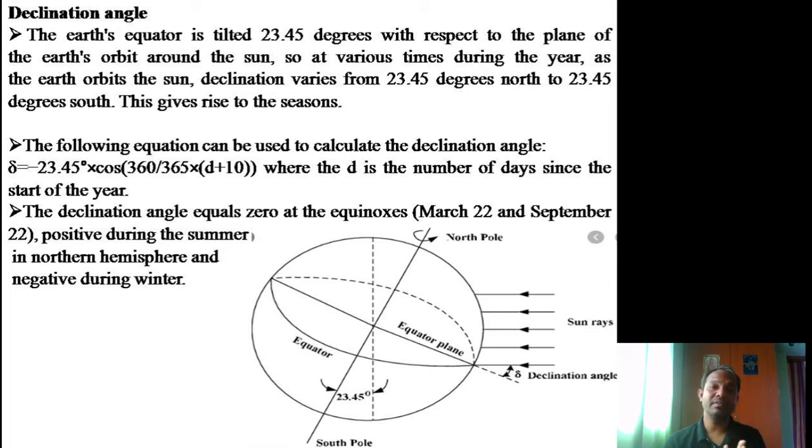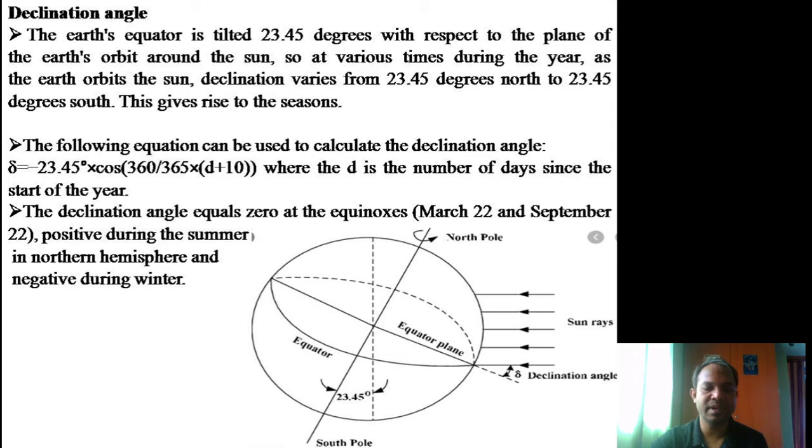It is only because of the declination angle, which varies from 23.45 degrees north to the same amount towards the south. As we can see in the sketch, the solar radiation falling onto this particular area will change as there is a declination angle.